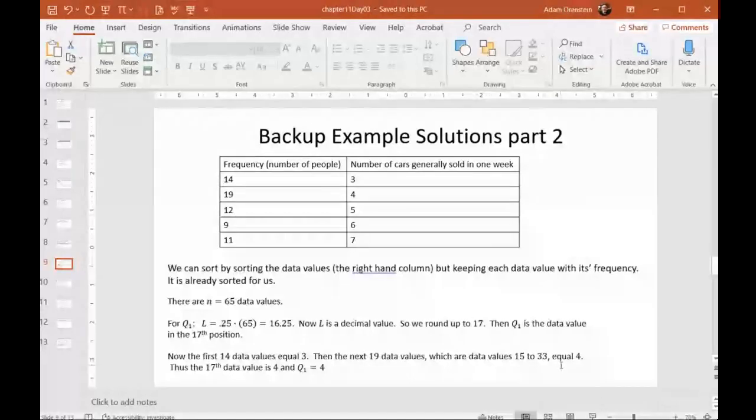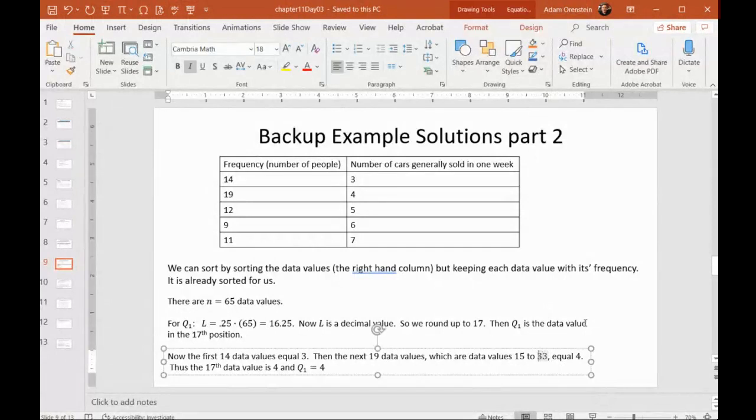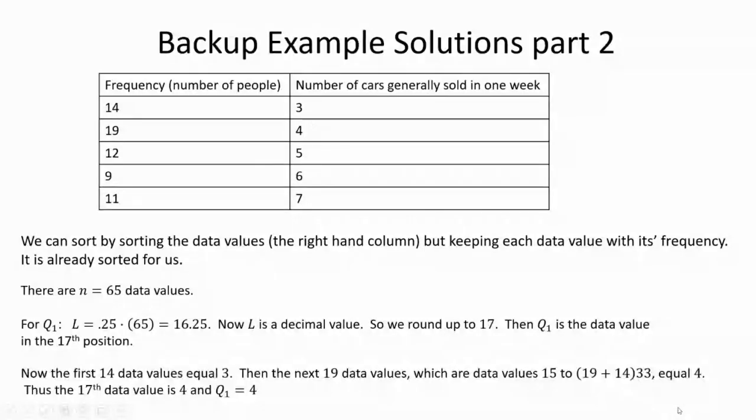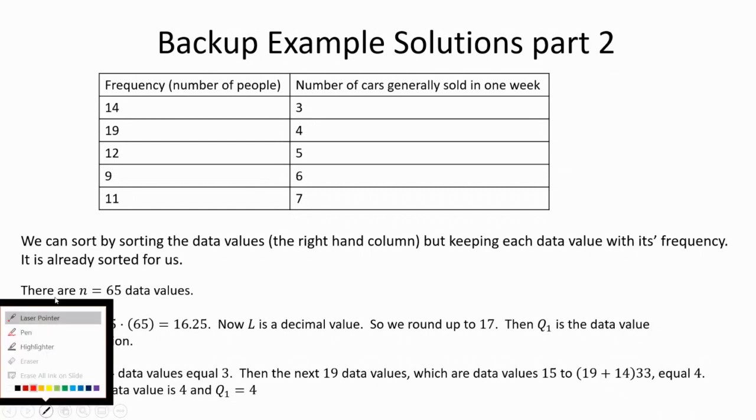Let me add that. So from 15 up to, including 33, the next 19 data values, they're all equal to 4. So clearly then the 17th data value is 4. So Q1 is equal to 4.